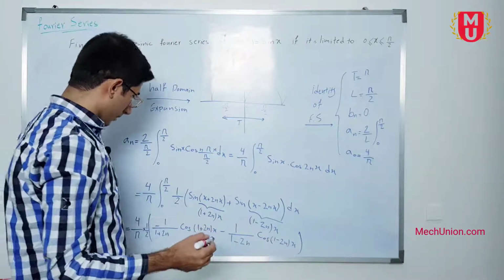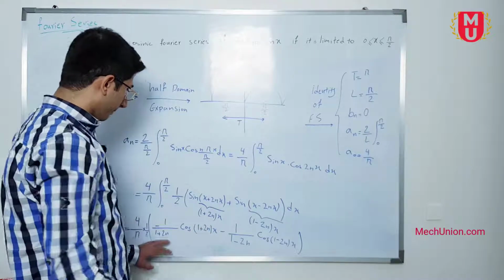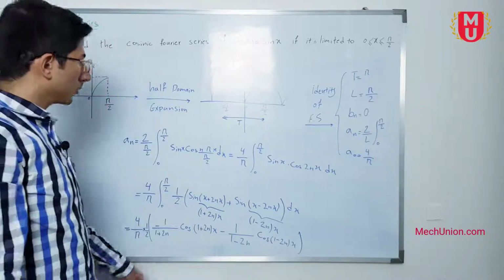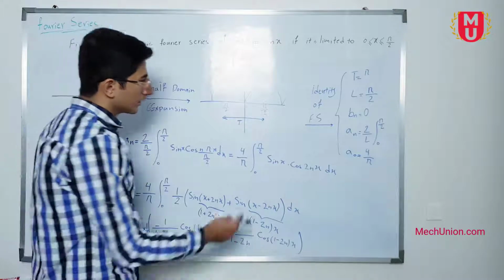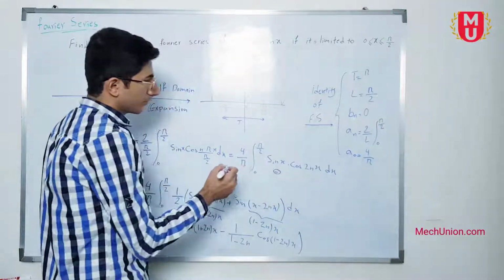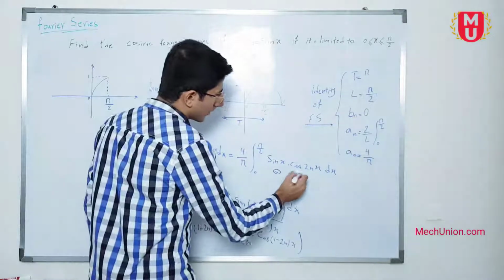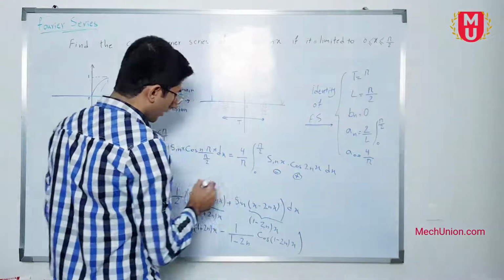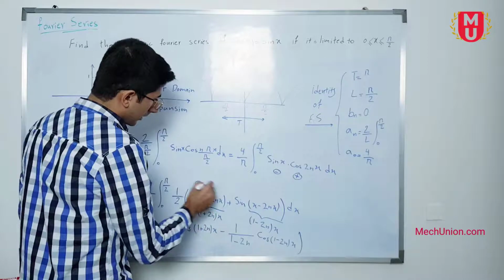That's it. In order to memorize this, sine was an odd function, cosine an even function. It should be an odd function. It is odd.